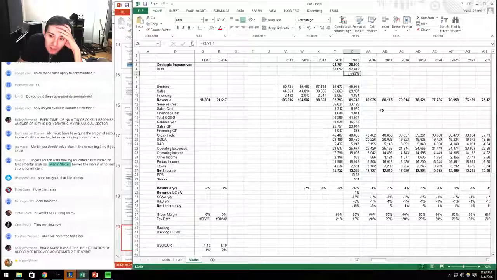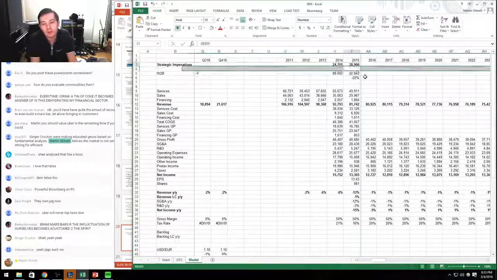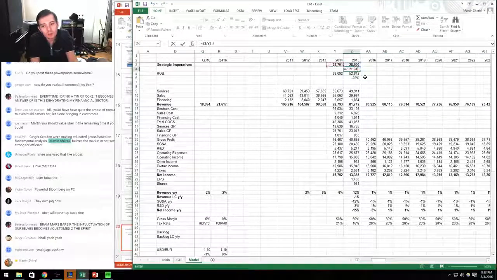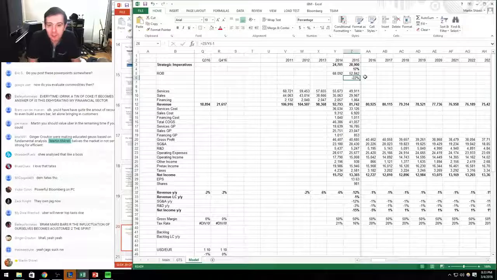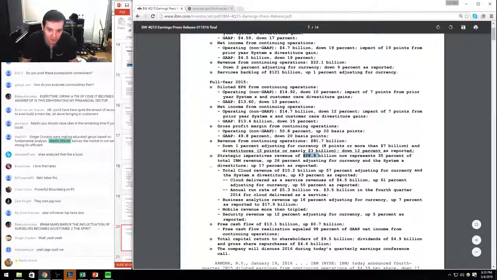So why is IBM dropping 22%? The rest of their business. Their strategic business is going up a lot, sure. But that means that their non-strategic business, which is, by the way, twice as big as their quote-unquote strategic business, is dropping even faster. So I just kind of think that's kind of bullshit when I hear stuff like that.